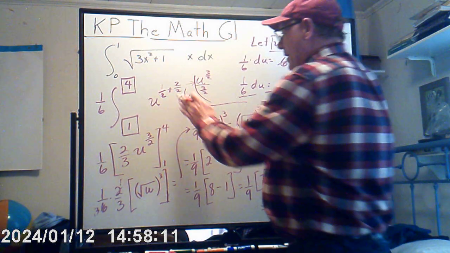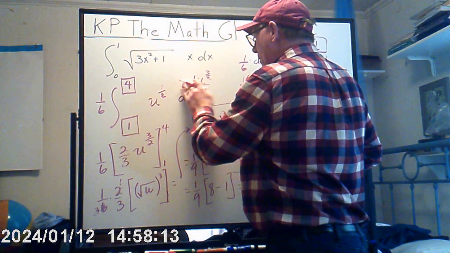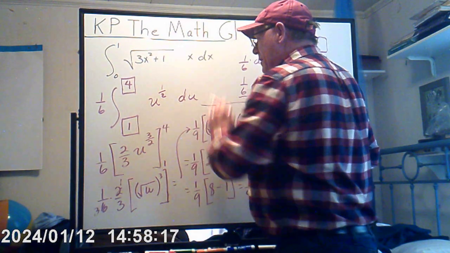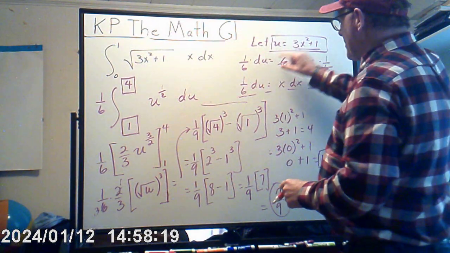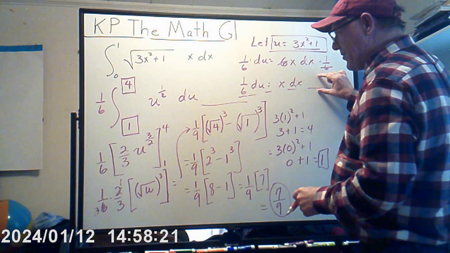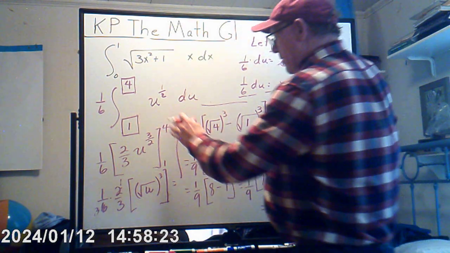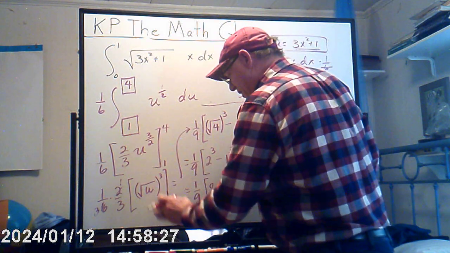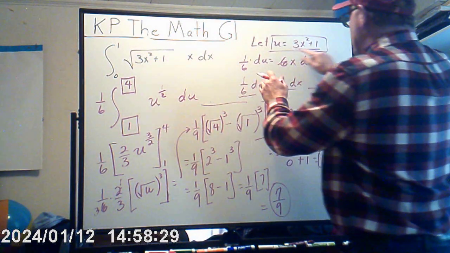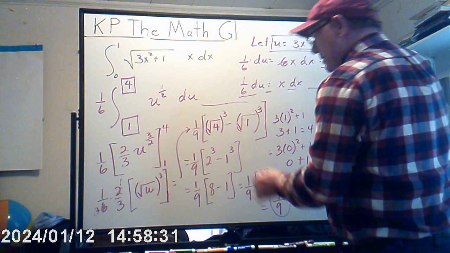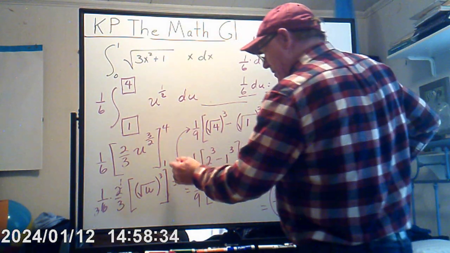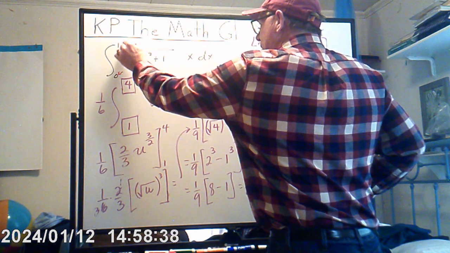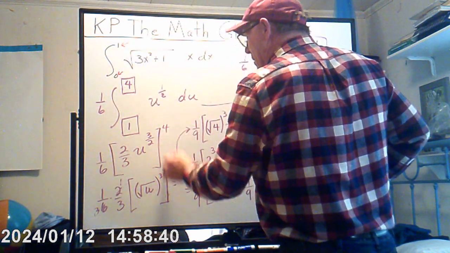Let me erase some of this that I wrote here. So again, u is still the same. All of this is still the same. And we still have this u to the 1/2, except now, instead of substituting this back into here, we want to change these numbers here. So instead of 0 and 1, we got 4 and 1.